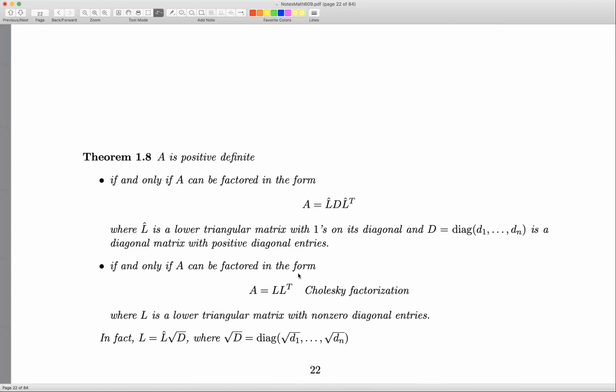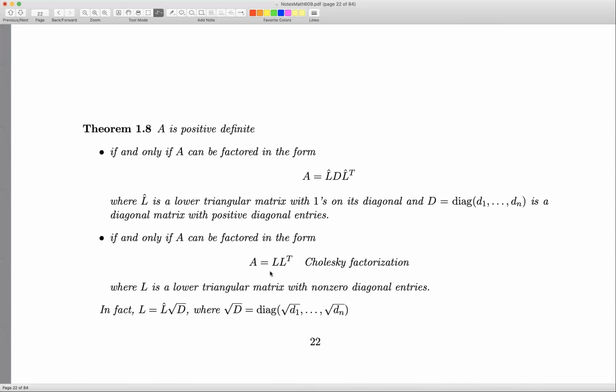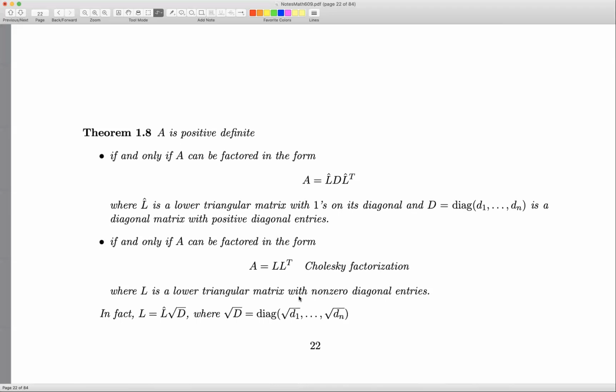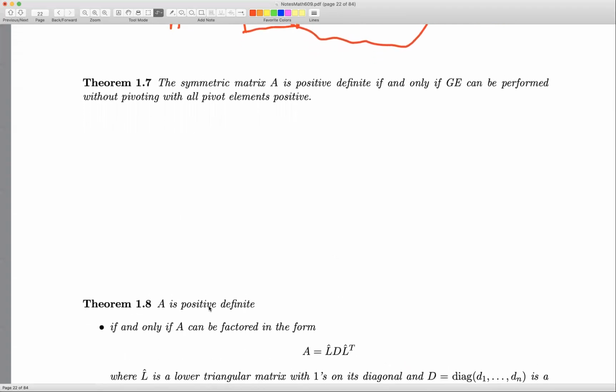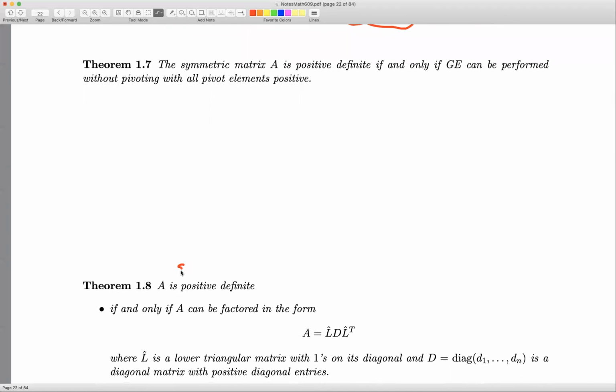And A is positive definite if and only if A can be factored in the form A equals L times L transpose. This is called Cholesky factorization, where L is a lower triangular matrix with non-zero diagonal elements. So here, when we talk about positive definite, we have the definition of symmetric. I will put here symmetric.